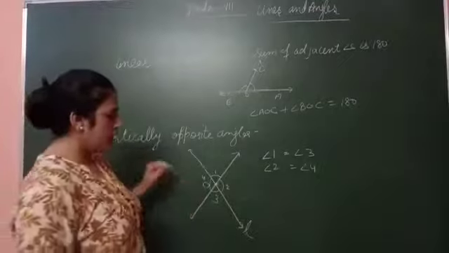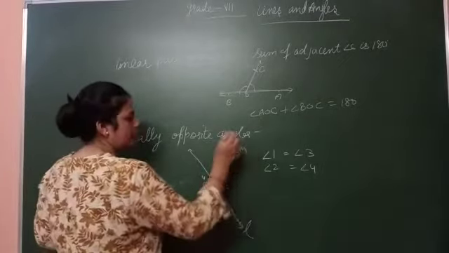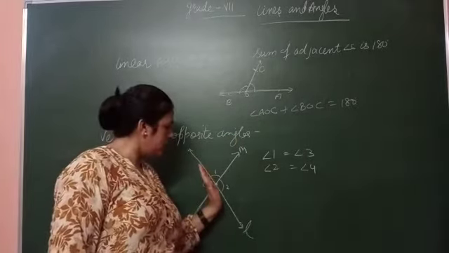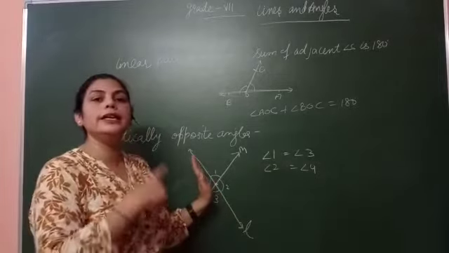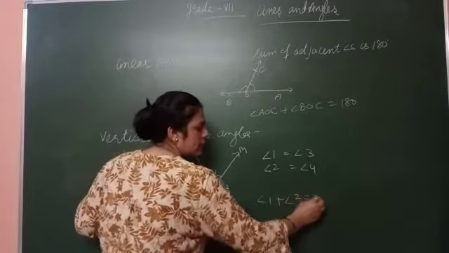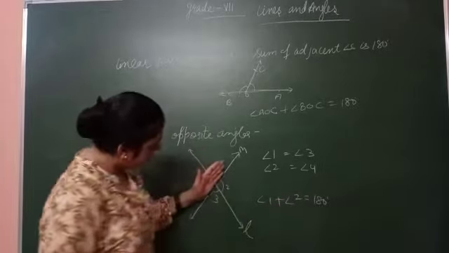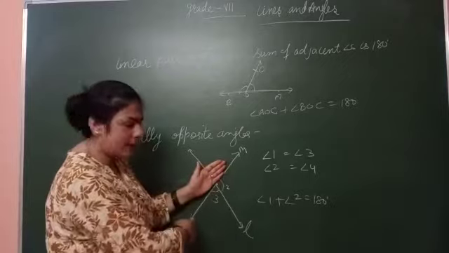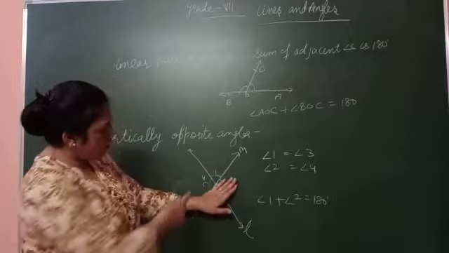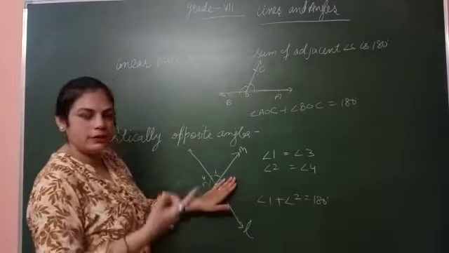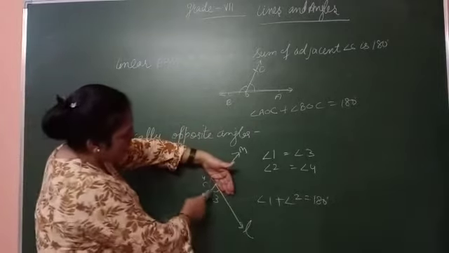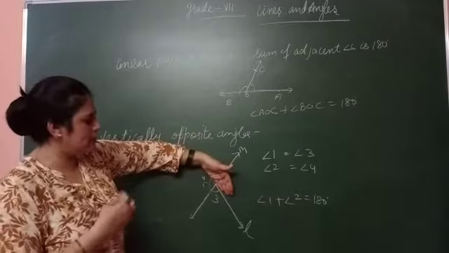We can name it: this is line L and this is line M. When you observe line L, angles 1 and 2 are there, so 1 and 2 form a linear pair. Their sum is 180. Also 2 and 3 form a straight line, so their sum is also 180 degrees. Here 1 and 4 form a linear pair, their sum is 180 degrees. And 3 and 4 also form a linear pair, their sum is 180 degrees.